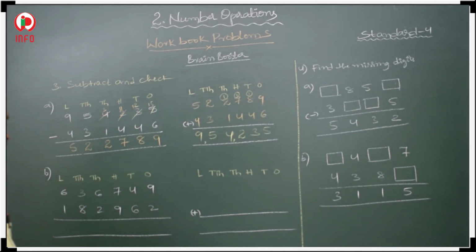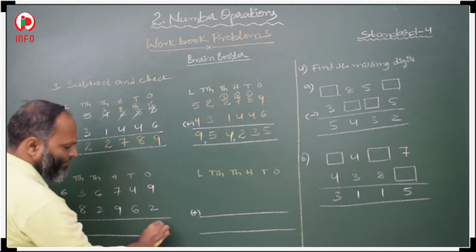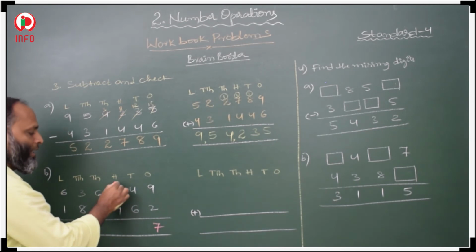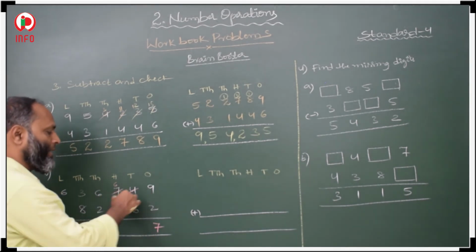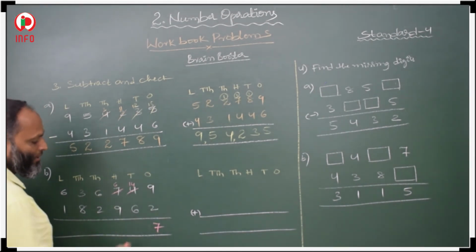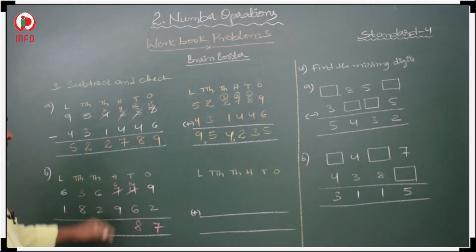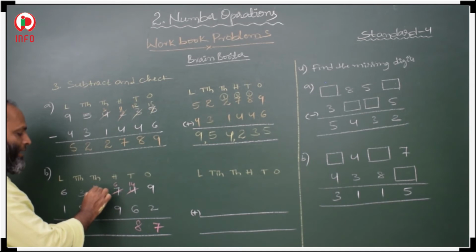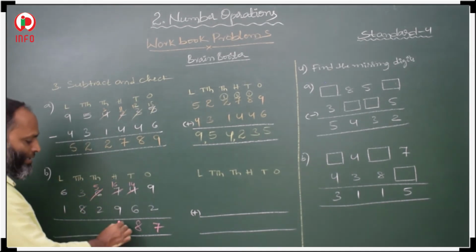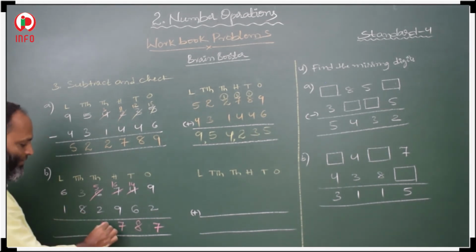The next. In this also. 9 minus 2 is 7. 4 minus 6, it's not possible. Take borrow from here. It will decrease by 1 and here it will increase by 10. 14 minus 6 is 8. 6 minus 9 is not possible. This minus is less. Take borrow from here. It will decrease by 1. It will increase by 10. 16 minus 9 is 7. 5 minus 2 is 3.